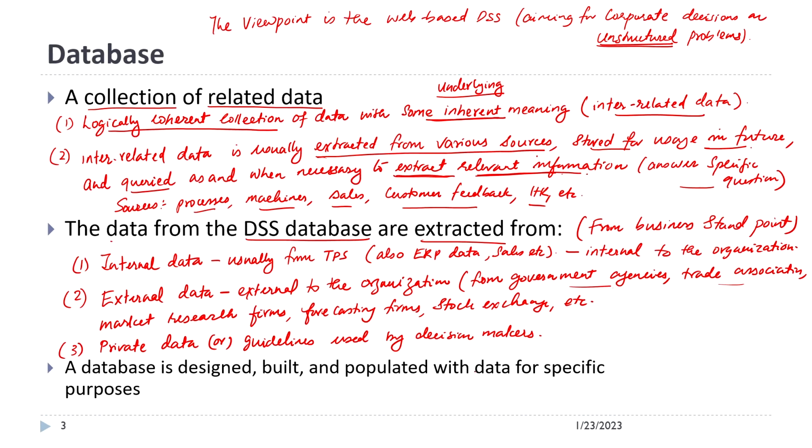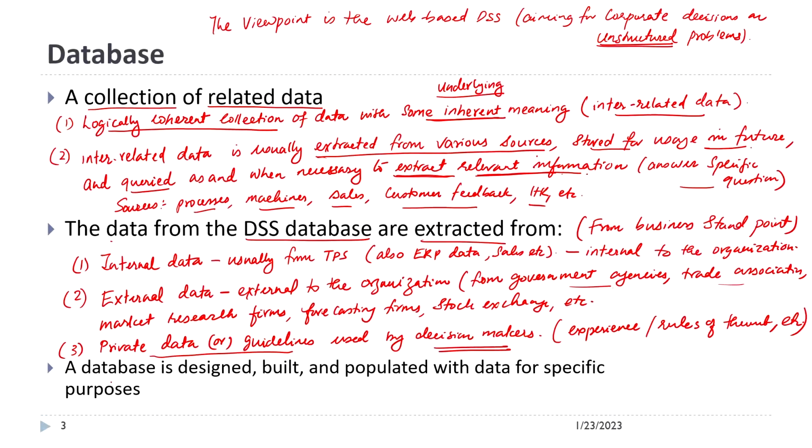This could be experience or rules of thumb, etc. What we are saying here is that this private data or guidelines are sometimes not internal or external; this is mostly related to the decision maker, the individual himself or herself.